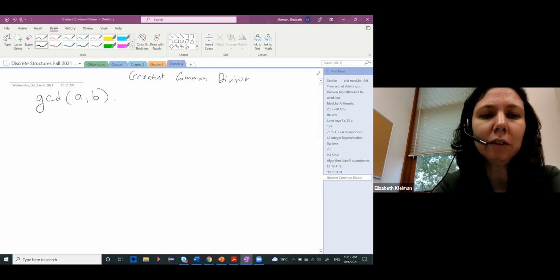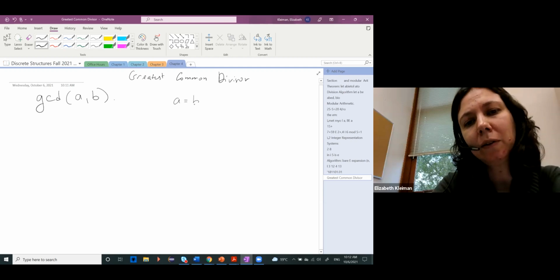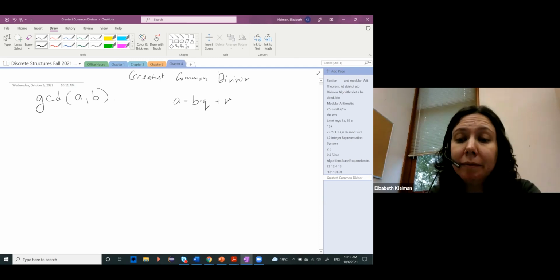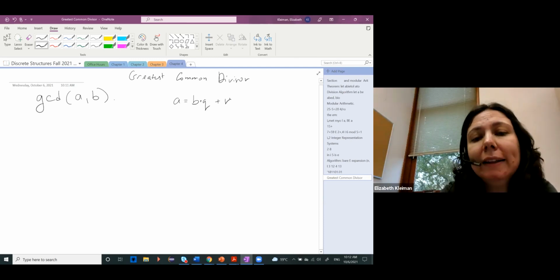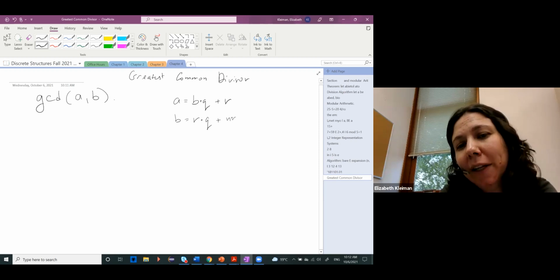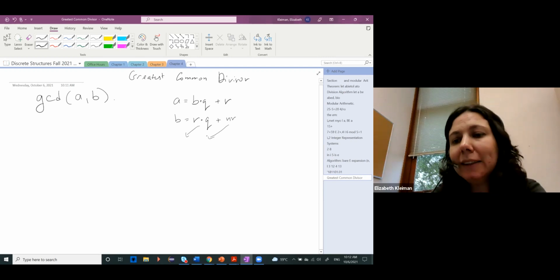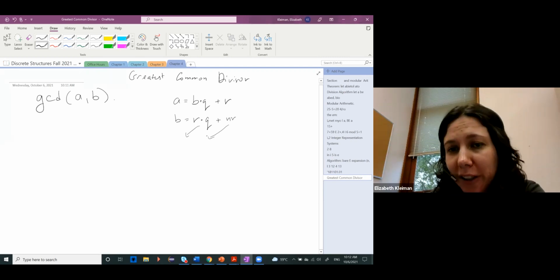The way you do it is, again, you represent it as A equal to B multiply Q plus R. And then you repeat it with B equal to R multiply Q plus a new remainder. And then you move on like this over and over again.